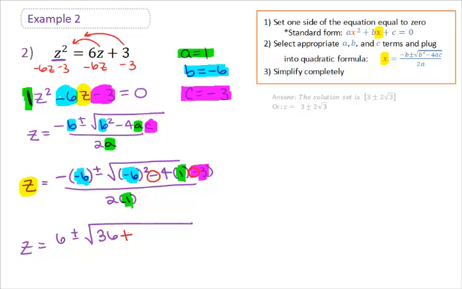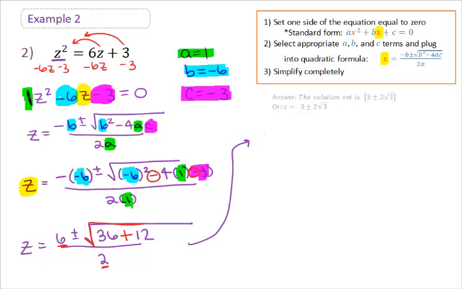That is one mistake that I see students do quite often. So make sure that you cancel those negatives out. And 4 times 3 gives you 12. And this is all over 2 times 1, which gives you 2. Remember, you cannot simplify the 6 over 2 yet in this step because you have to simplify everything, including the square root that goes with it. So wait until you simplify that.